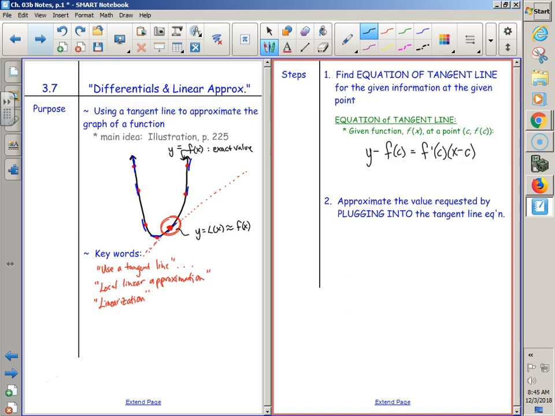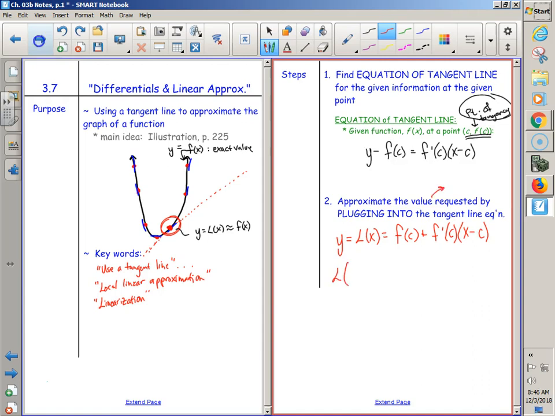But the idea is given the point of tangency, which is going to change depending on what they're asking us to approximate, whatever point of tangency works well for what they're asking, we're going to find the tangent line at that point, the one where we know c and f of c perfectly. And then we're going to get y by itself by moving f of c to the other side. And then we're going to find whatever they want.